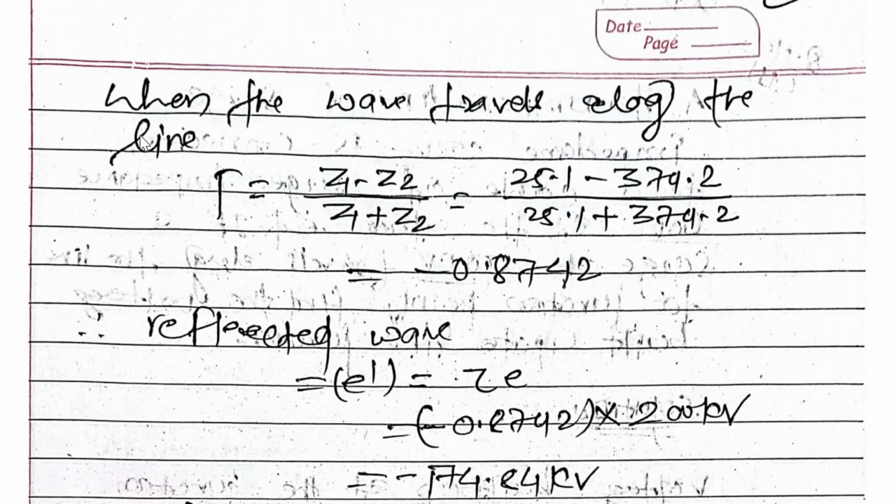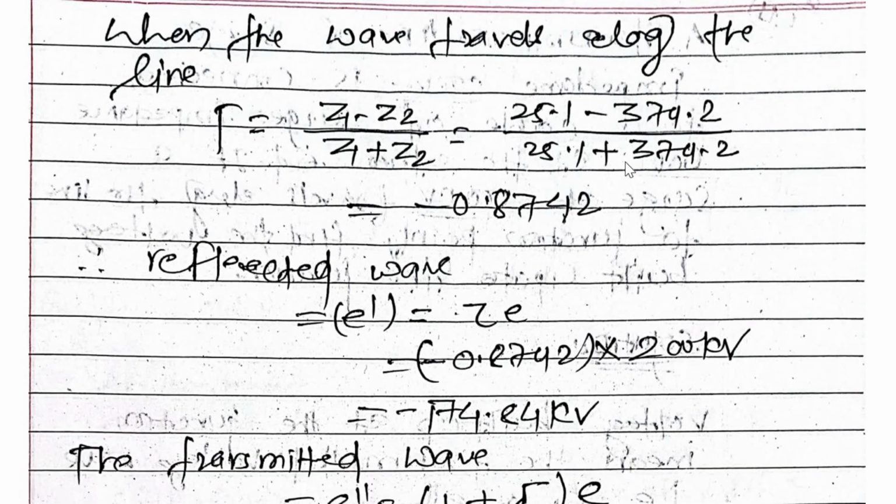And similarly, we can find it when the wave travels along the line. Firstly, we found the wave along the cable, and then we find the wave along the line, that is Z2 minus Z1 upon Z2 plus Z1. Put all these values, we can get minus 0.8742.